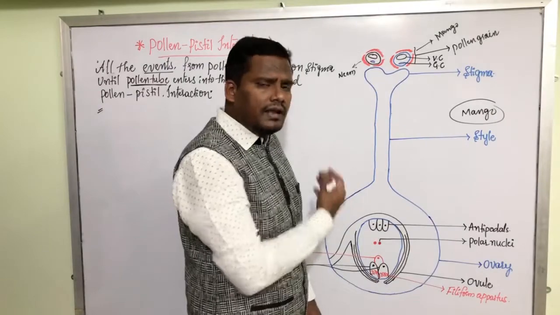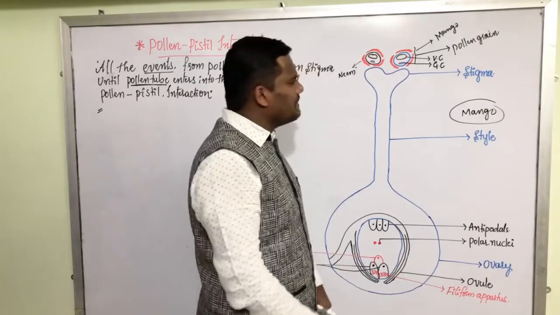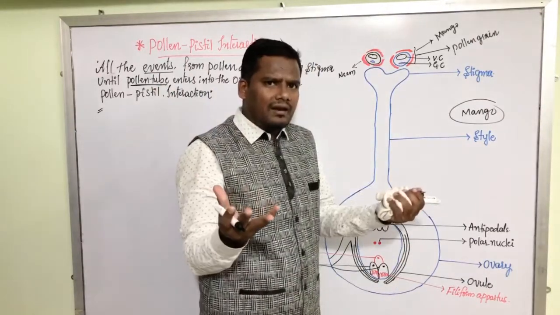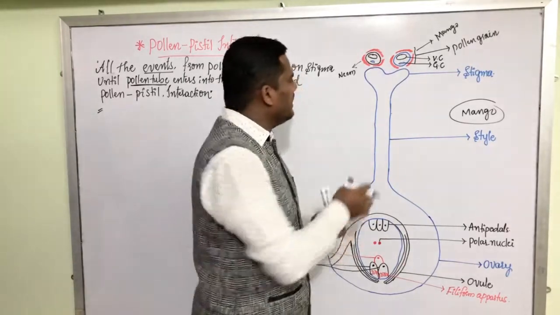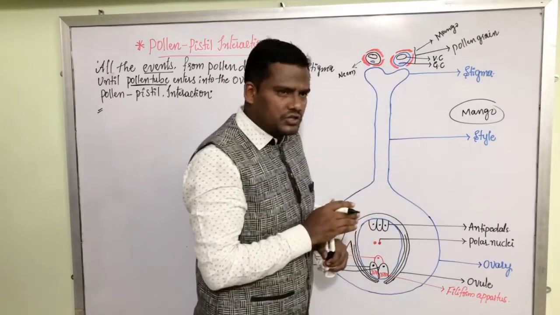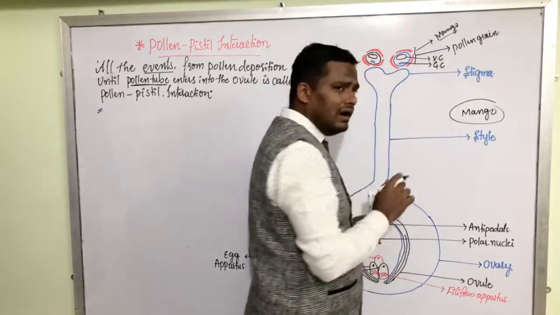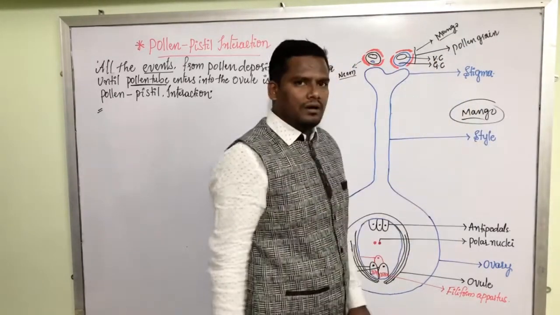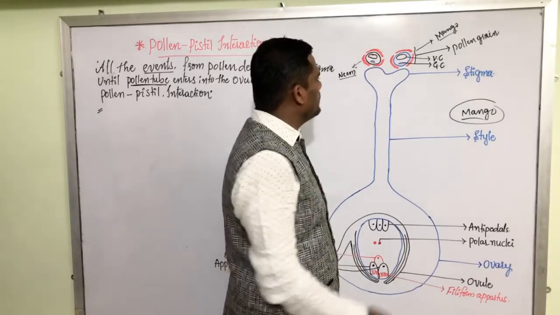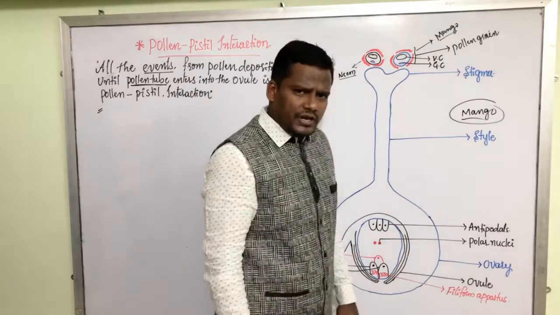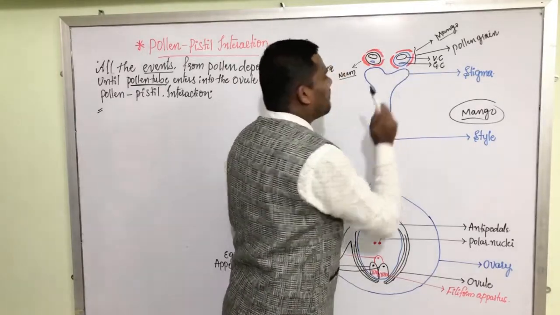This may happen in nature because the pollen grains are simply floating in the air. Any kind of pollen grain may land on the stigma. Here, the two pollen grains are landed on the stigma. One belongs to the neem plant and the other belongs to the mango plant, but the stigma belongs to the mango plant. In these two situations, there is a chemical communication, a chemical identification between the pollen grain and the stigma.